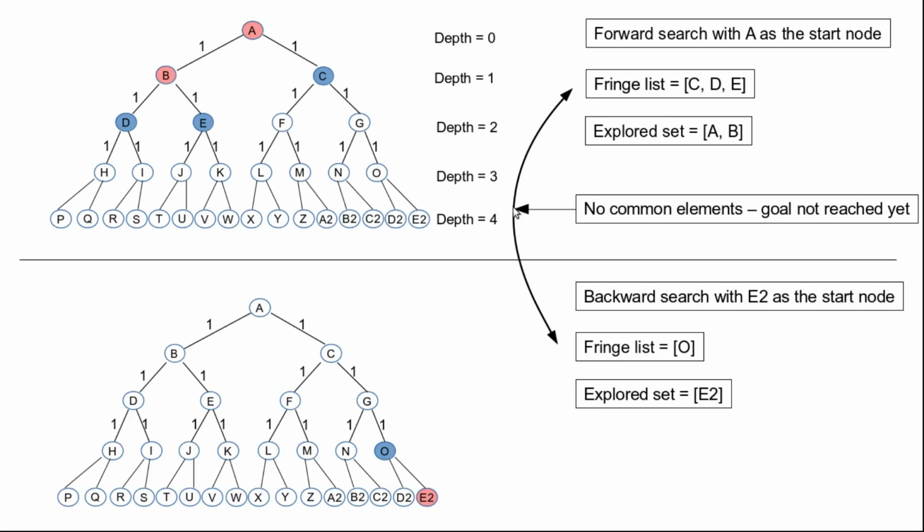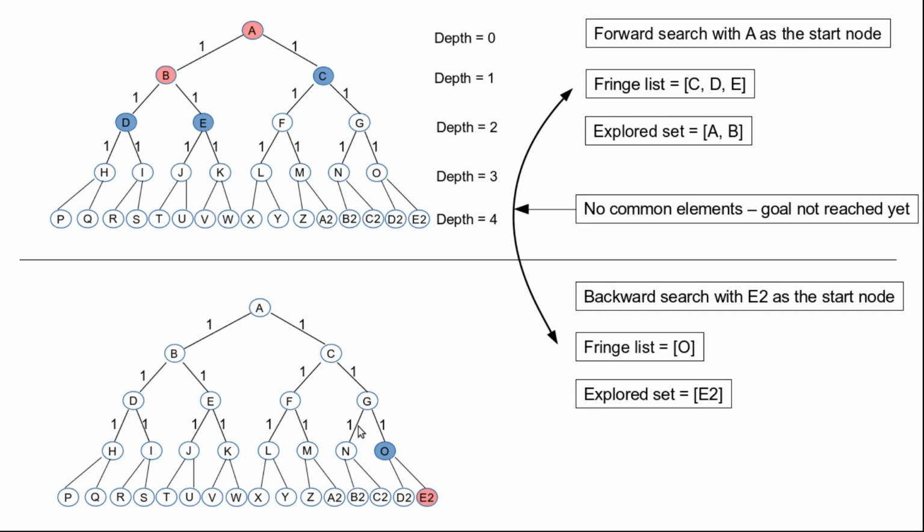Then again we perform the check whether there is any common element in the two fringe lists. There are no common elements, which means we have not reached the goal yet.